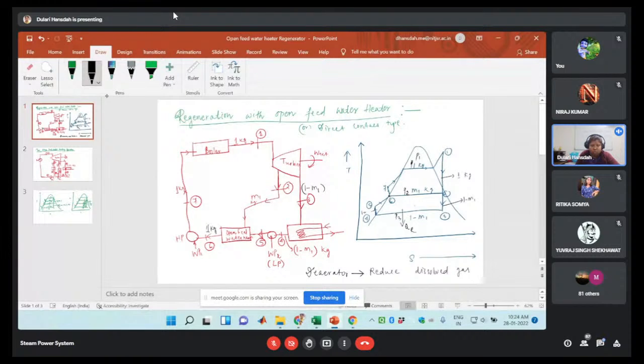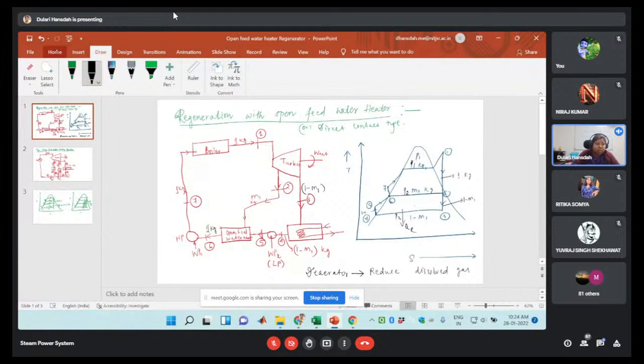So this open feed water heater works like a de-aerator, so dissolved gas will be reduced. Because of that, there may be a reduction in corrosive gas, and the turbine blade will not corrode. So that is one function.